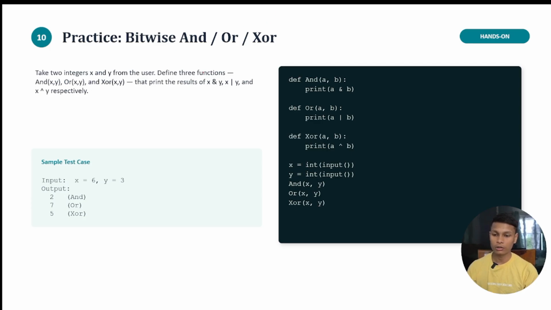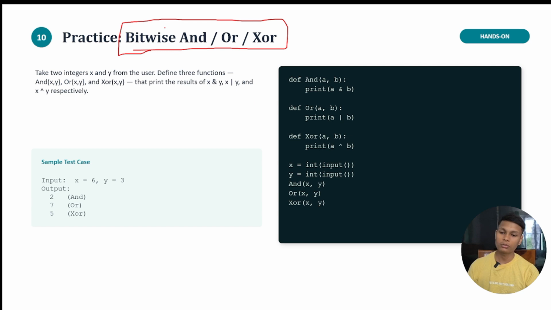In this question we are going to perform bitwise operations: bitwise AND, OR and XOR. I told you about the simplest ones in my previous classes on bitwise operators: what the AND operator is, how it works, and what bitwise OR, AND and XOR are. So you all know the difference between AND, OR and XOR.